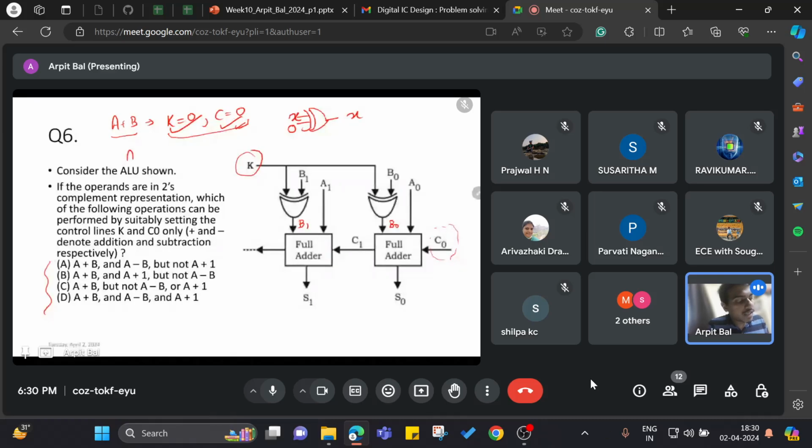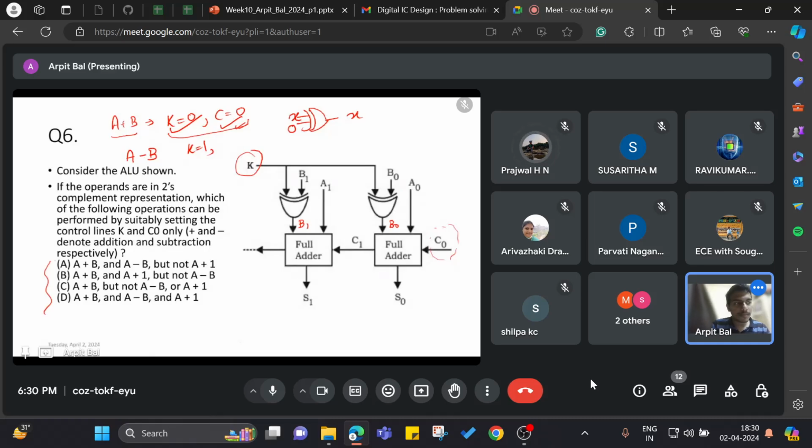Similarly, can someone tell me, is a minus b possible? Yes. How? If k equals 1, we'll get inverted inputs. B0 is B0 bar, B1 is B1 bar. So basically, the whole value of B is its one's complement value. So when you add it with A, you get A minus B. Okay, but the representation is in 2's complement.